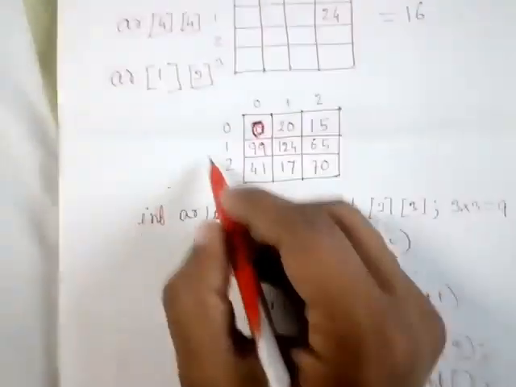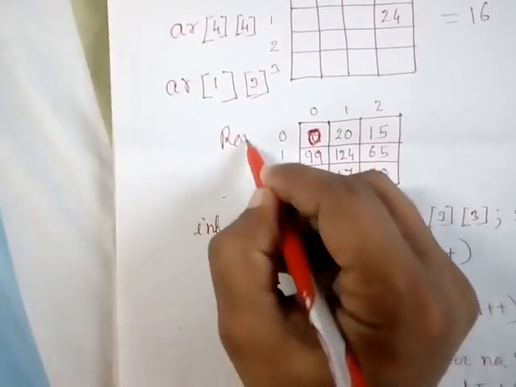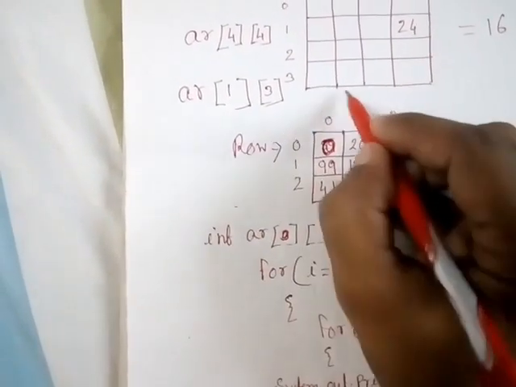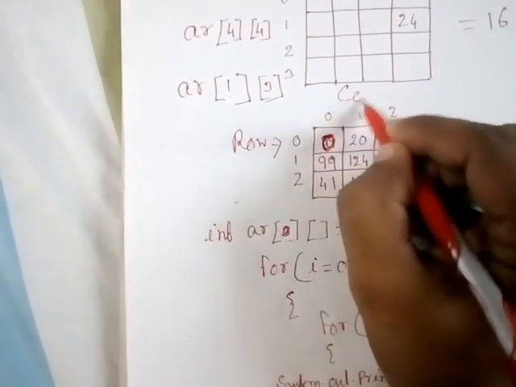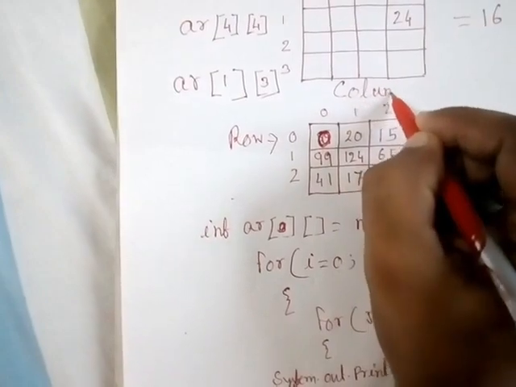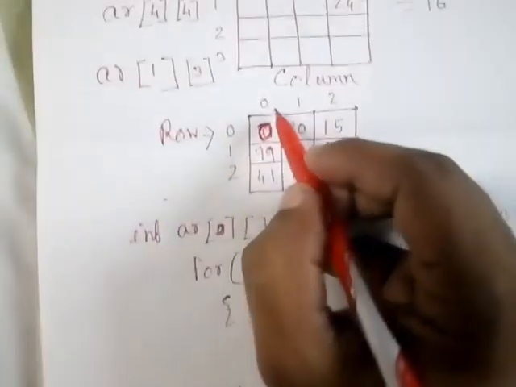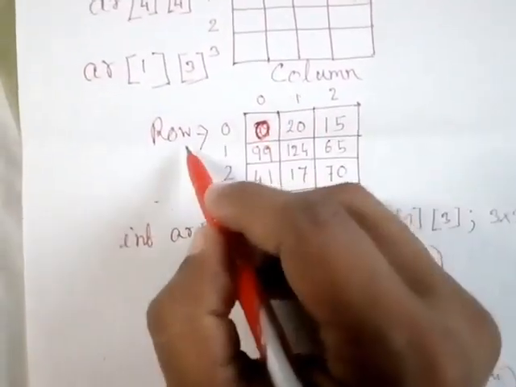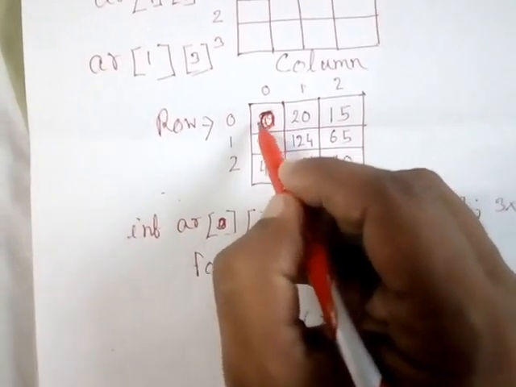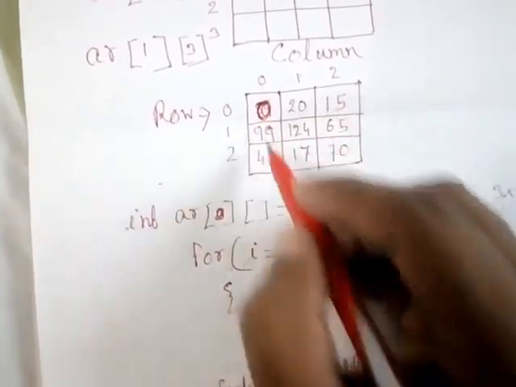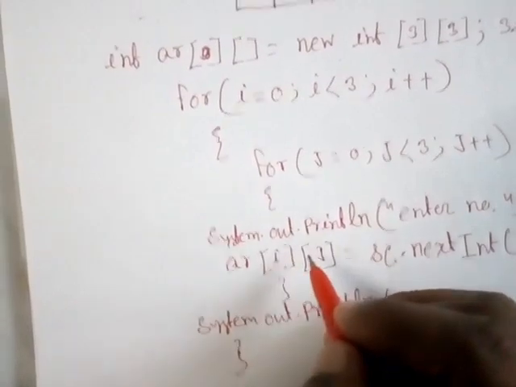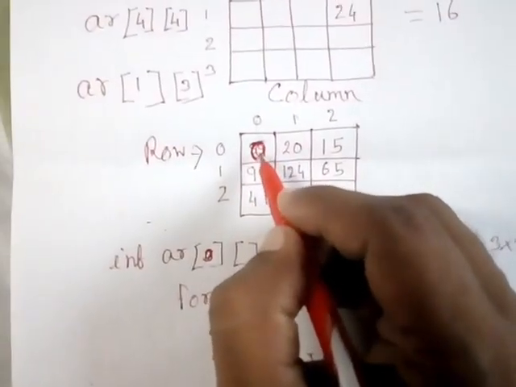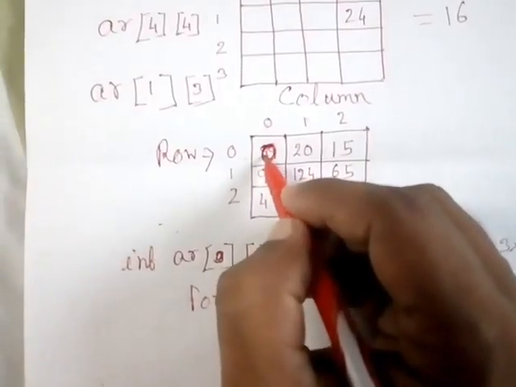For example, I am writing here row, column. So row 0 column 0, understood? If I ask you AR[0][0] means which position? This position. So that value will go to this position, understood?